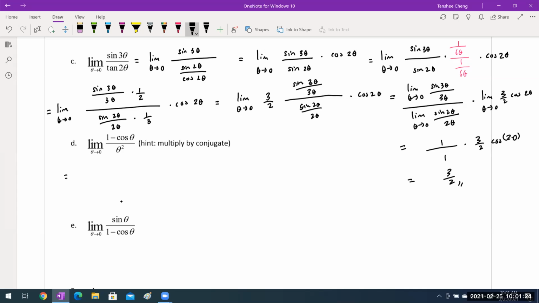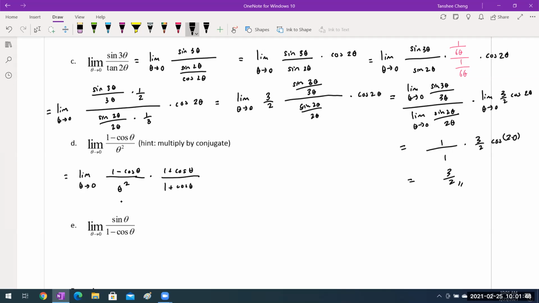So what we're going to do is multiply by the conjugate of the numerator, which will give me 1 minus cosine squared theta. That is basically sine squared theta. So 1 minus cosine theta over theta squared times 1 plus cosine theta over 1 plus cosine theta.